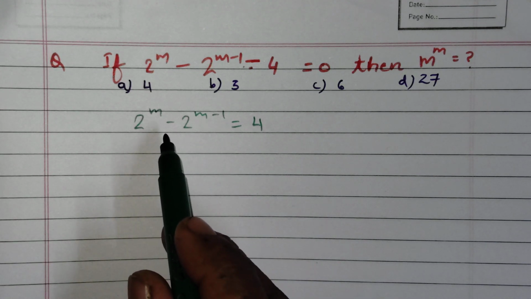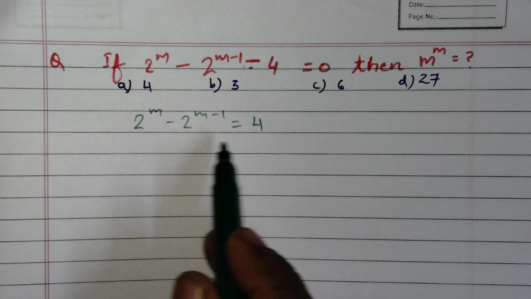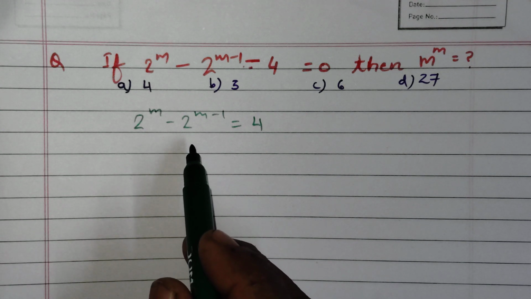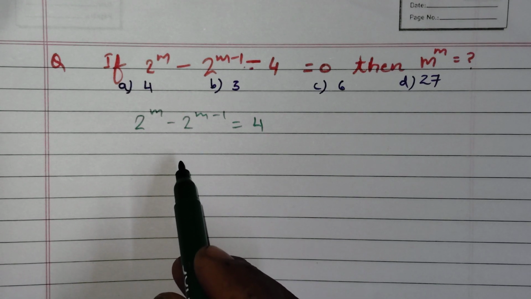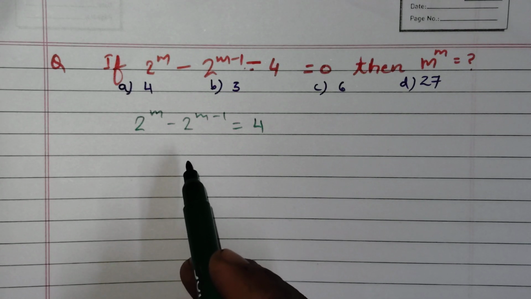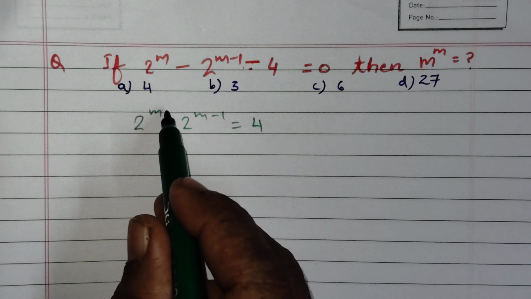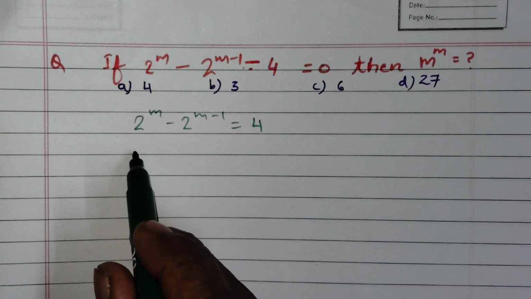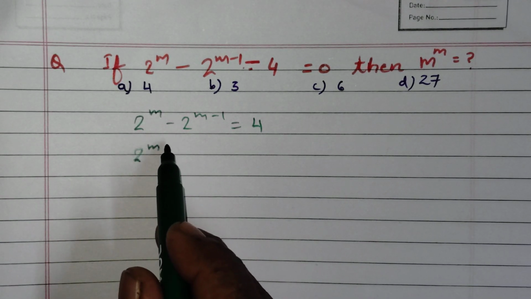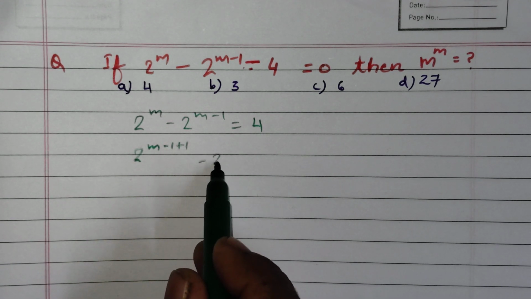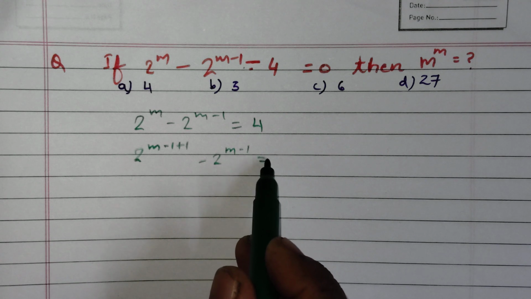Now we plug in the value such that we get both sides LHS and RHS equal. First we see there is m and there is m minus 1 power. So m is written as m minus 1 plus 1: 2 raised power m minus 1 plus 1 minus 2 raised power m minus 1 equal to 4.